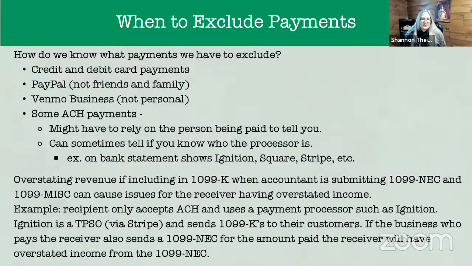In the resources, I have added a link to the FAQ that Ignition has, where they say that they issue a 1099K for ACH transactions.